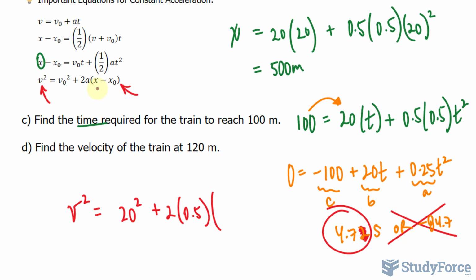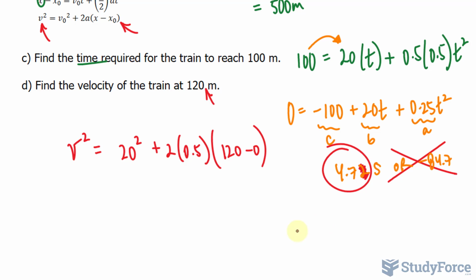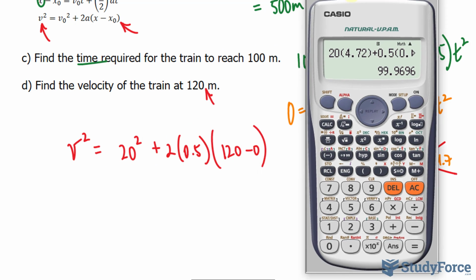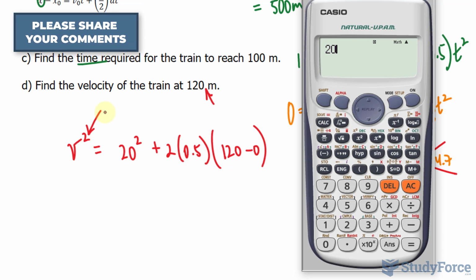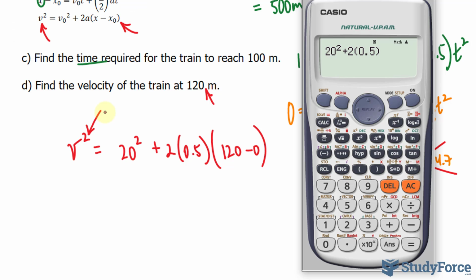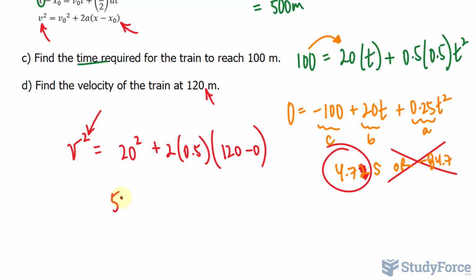We know that it will reach 120 meters, so that's the first one, and it starts at position 0. This is not bad. I'll do the right side very quickly and then square root whatever I get because we have a squared here. We have to square root both sides. So I have 20 raised to the power of 2 plus 20 times 0.5 times 120 gives us 520.